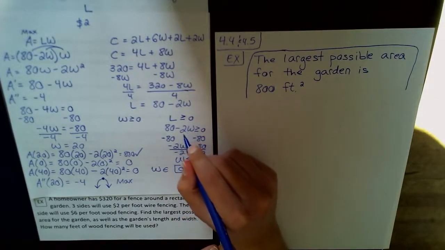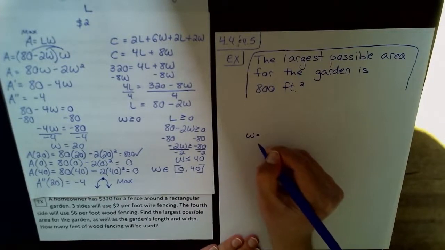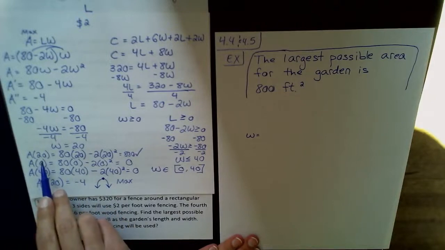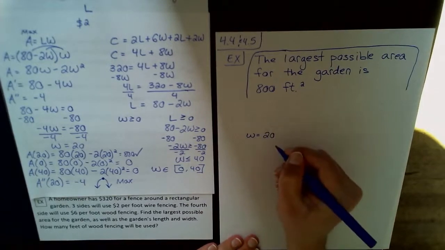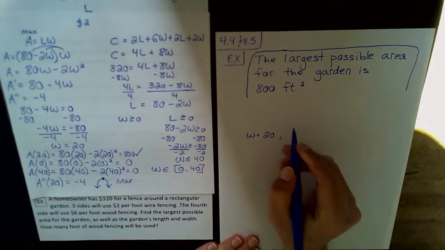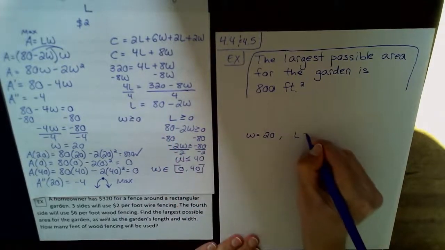So first of all, we found the width. W, we said, was this value of 20. That was the value that maximized the area of the garden. So W equals 20 is the width. And then the length we said is 80 minus 2W.